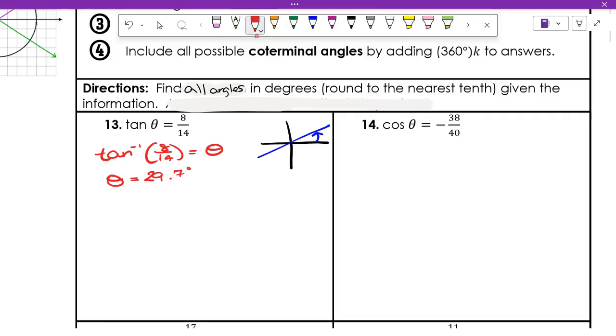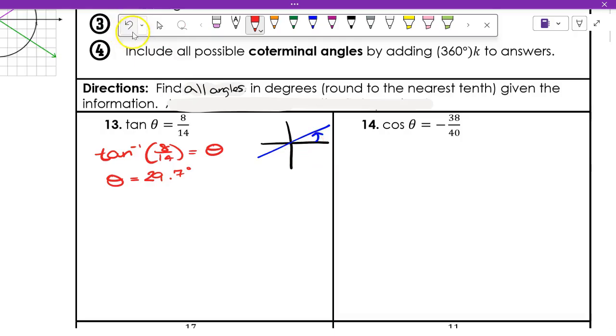So I have 29.7 degrees. That corresponds with this angle measure right there. Do we or do we not agree that if I add 360 degrees, I would be right back right here? I would, correct. If I added another 360 degrees, I'd be right back there, wouldn't I?